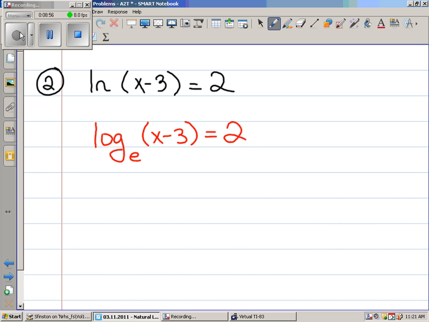Transform it to exponential form. You're not failing this test. How do you transform it to exponential? Know with all your heart that this is the base, this is the exponent, and this is the result.